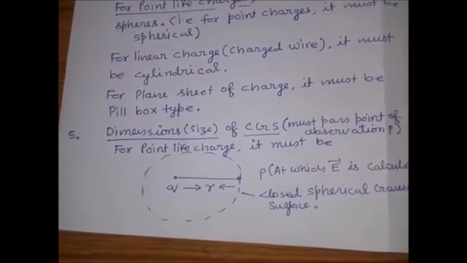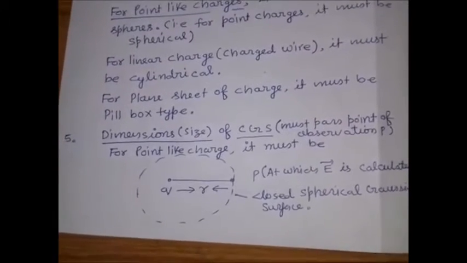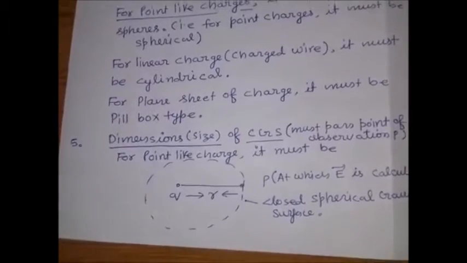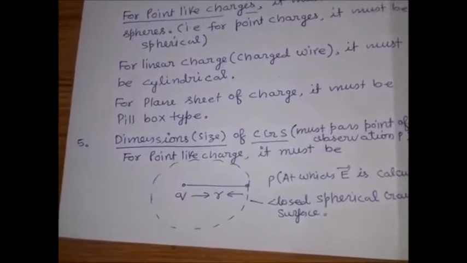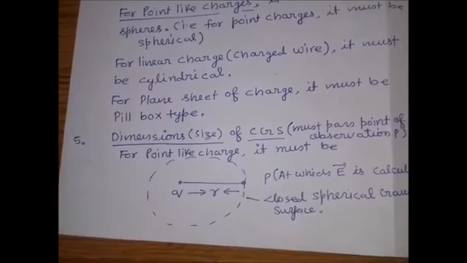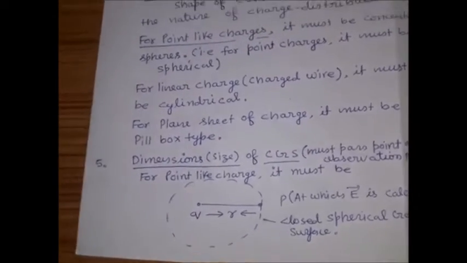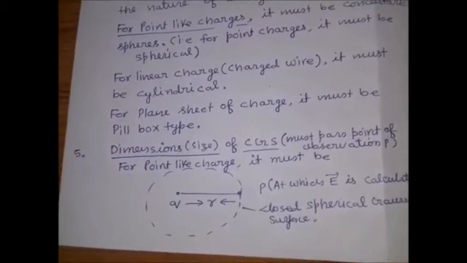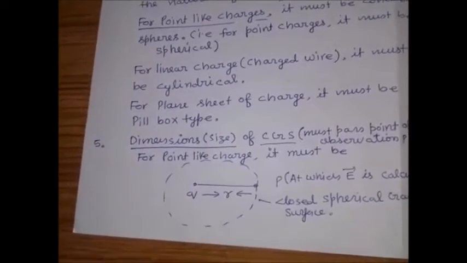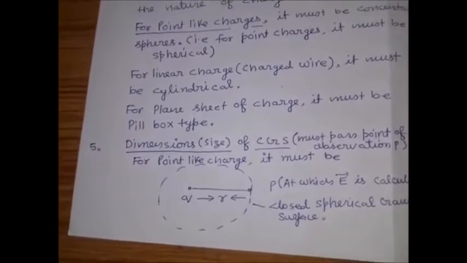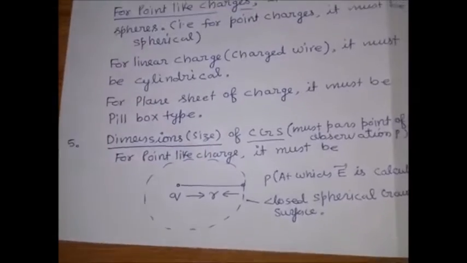The size of the Gaussian surface is decided by the fact that the Gaussian surface must pass through the point of observation P. Point of observation means the point at which you wish to calculate the effect, whether you calculate the electric field, electric potential, electric force, etc.